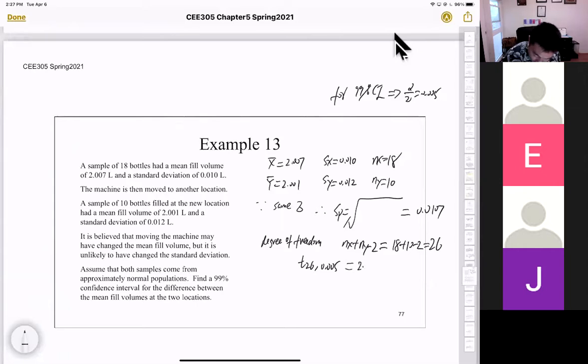So 2.779 for the t-value. And then for the 99% confidence interval, we use that equation.